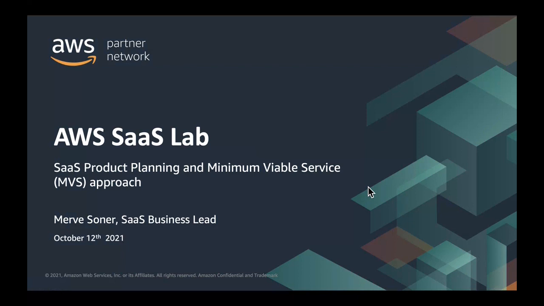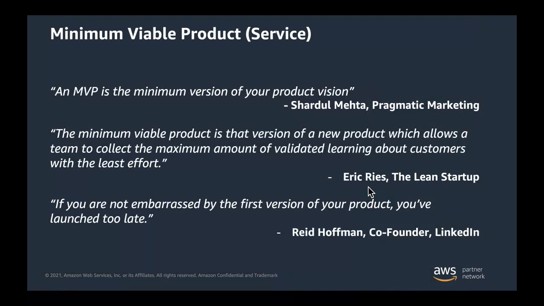So if you look at minimum viable product or service, you probably heard different versions of this word, from minimum lovable product to, again, MVP, MVS. And again, it's defined in different ways by many people in the industry.